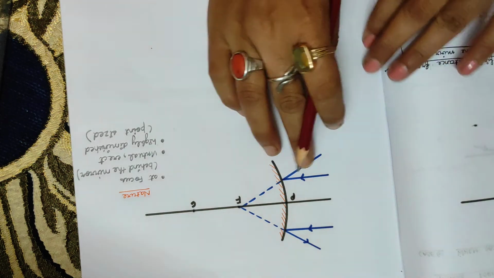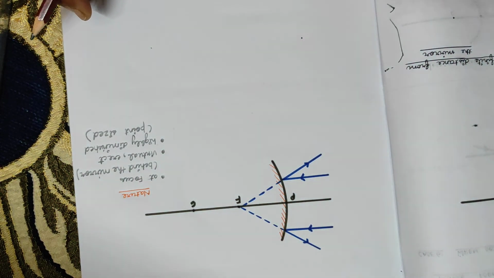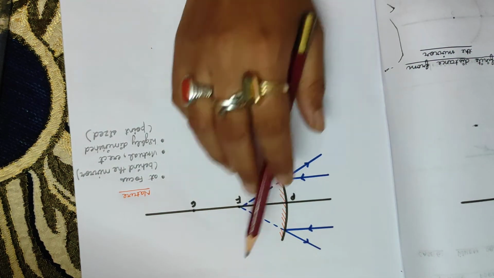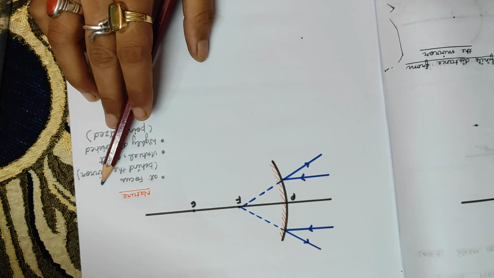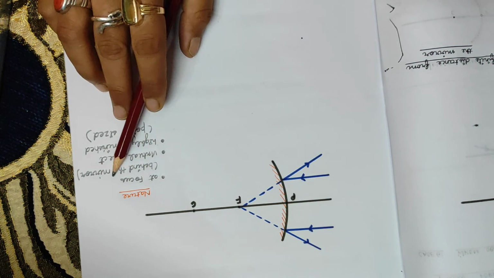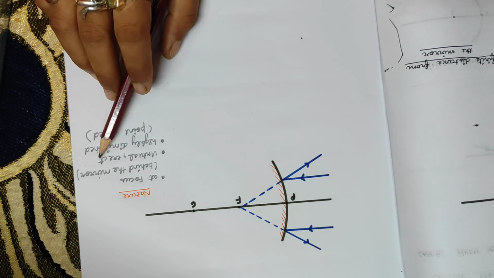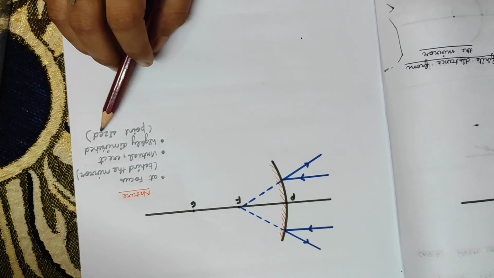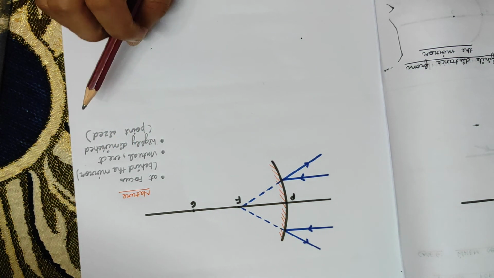So this was all about the case of convex mirror when the object is at infinity. The image formed is at focus, behind the mirror, virtual and erect, and highly diminished, or point-sized.